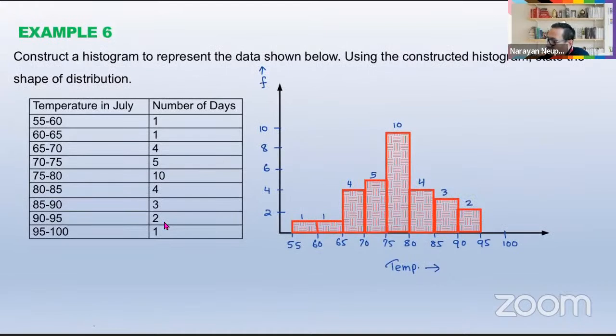And then finally, we have 95 to 100, frequency 1. There we go. So that is the histogram.